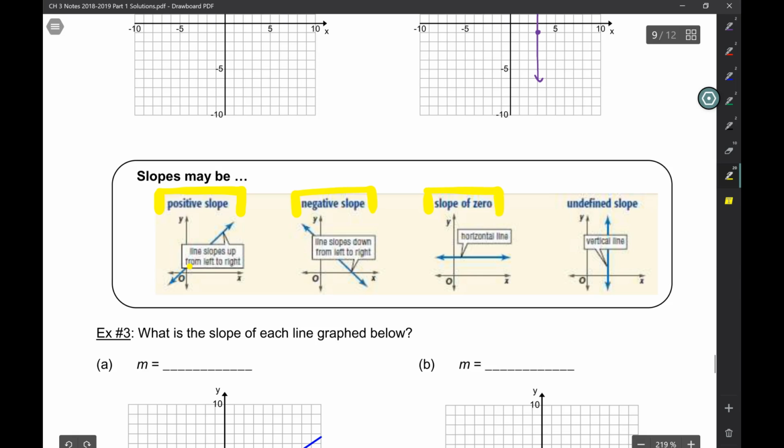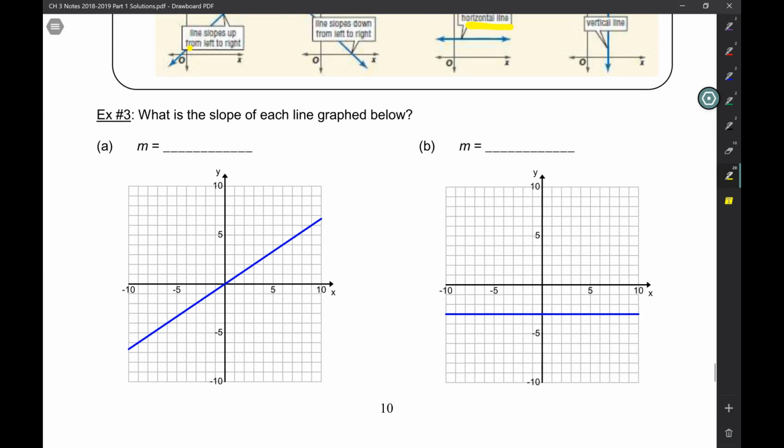You can get a slope of 0 and get a horizontal line. You can get undefined slope, and that's always a vertical line. Which means, if you're ever walking down the street and you see one of these lines, you've got to be able to say, does it have positive, negative, zero, or undefined slope?